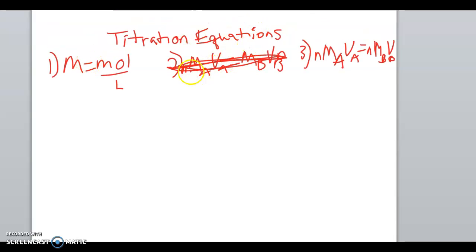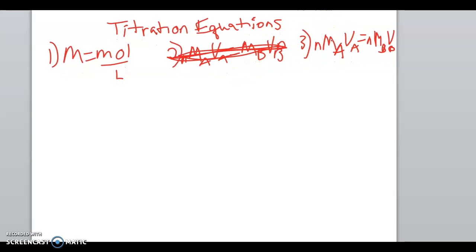The reason why the second one and the third one are pretty much the same thing is that the second equation is used for when you have a single proton acid, like HCl, reacting with a single hydroxide base, like sodium hydroxide.